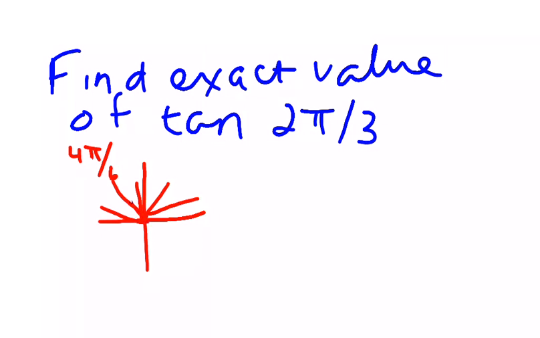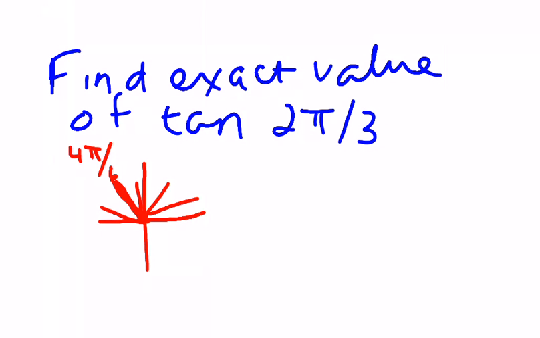And so we're looking at this one right here. So we're in quadrant 2. And we know that our reference angle is pi over 3. Right? So we could have done this counting by pi over 3's as well. Just wanted to show you a separate avenue on this one.